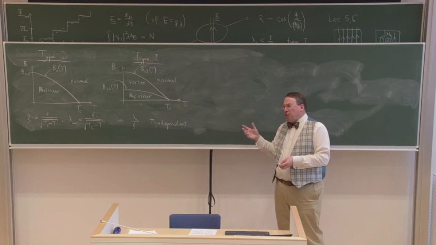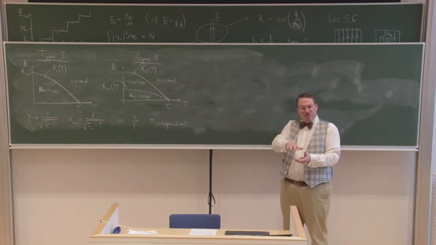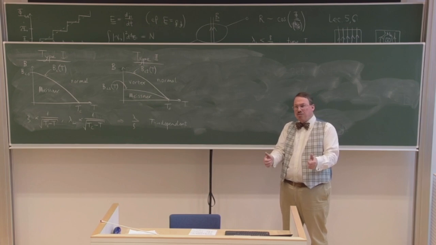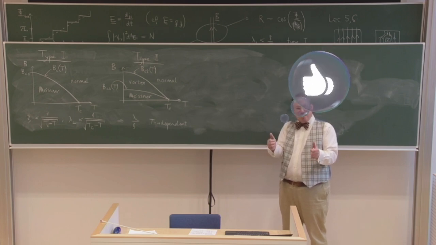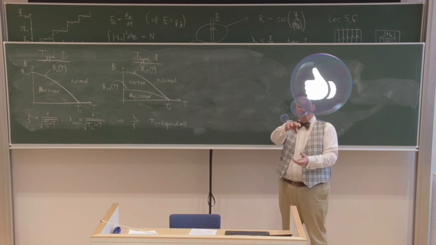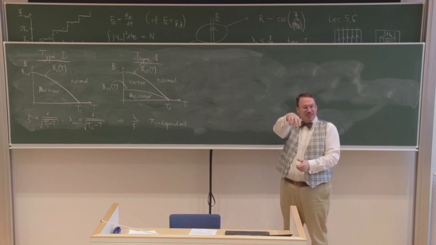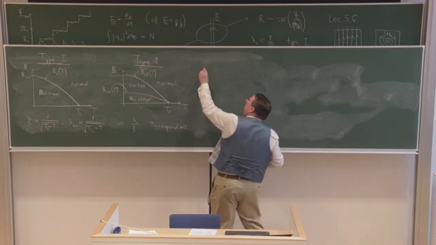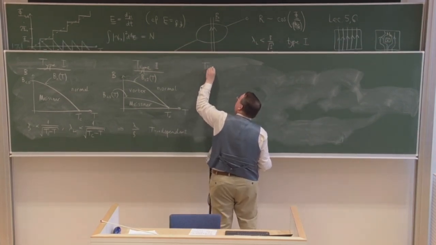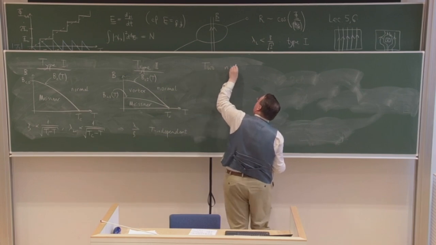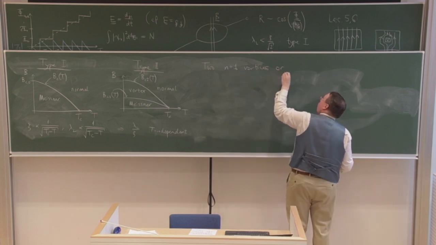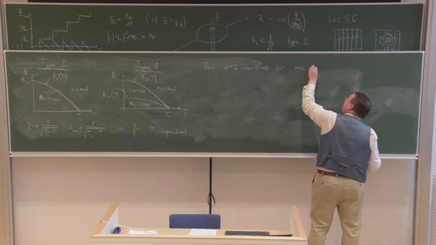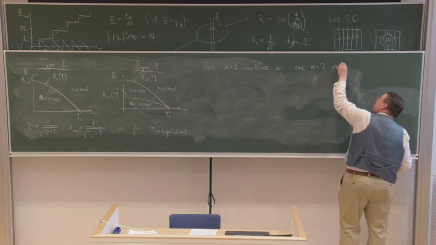But there's a question of, once my external field gets to a level where I would like to have 2 vortices, should I have 2 single quantum vortices, or should I have 1 double vortex? So there is that question: 2 n equals 1 vortices, or 1 n equals 2 vortex.